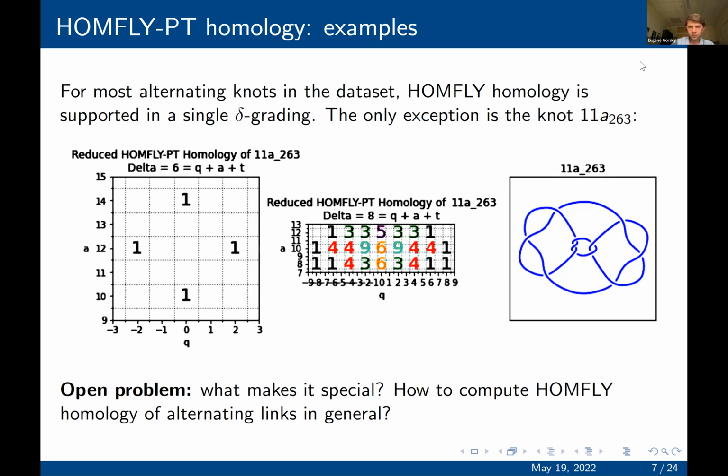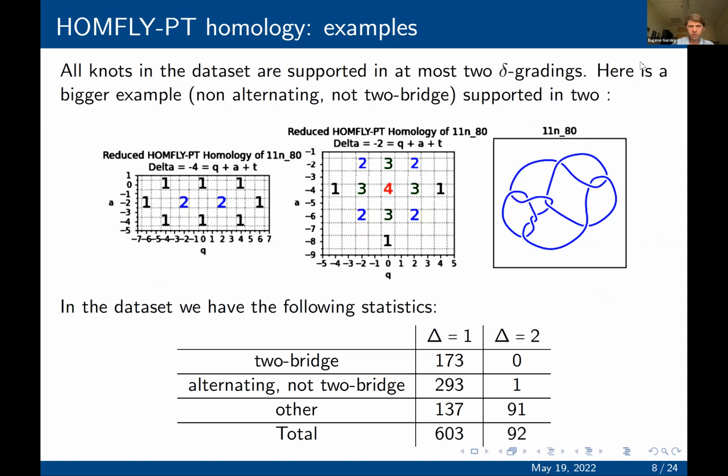Okay. And it turns out that in this data set, because the nodes are kind of small, all nodes are supported in at most 2 delta gradings. So lots of them are supported in a single delta grading. If you look at this table at the bottom, there are 600 nodes in a single delta grading.